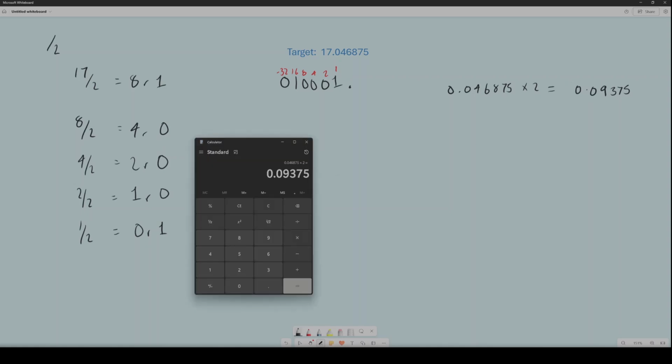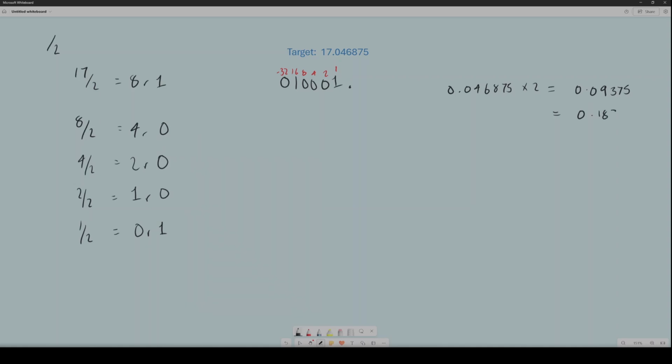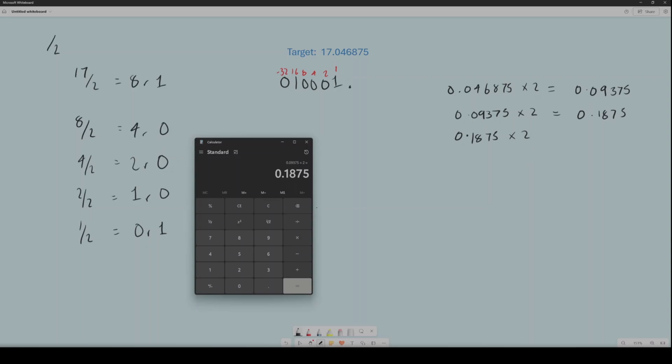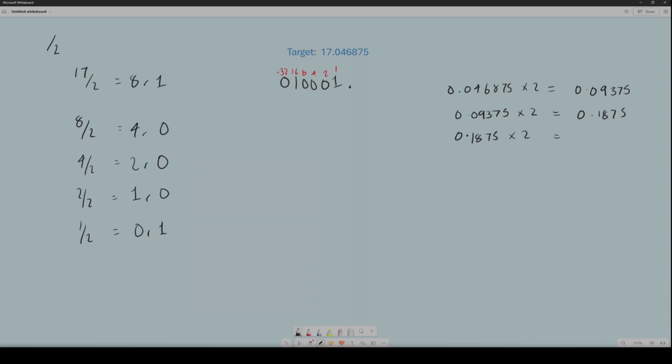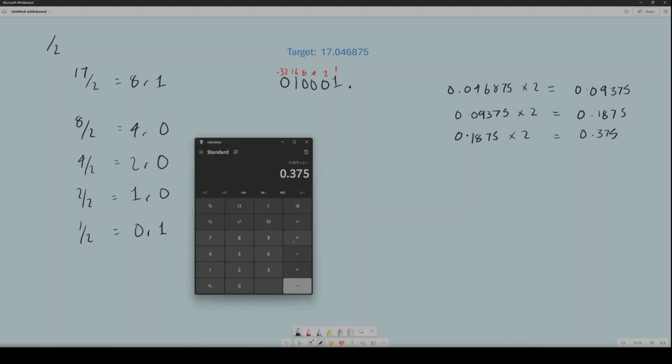So multiply that by 2. 0.1875. Okay, so we take that value and we multiply it by 2. And we're going to keep doing this until the value after the decimal point is 0. 0.375. Okay, so multiply this by 2.